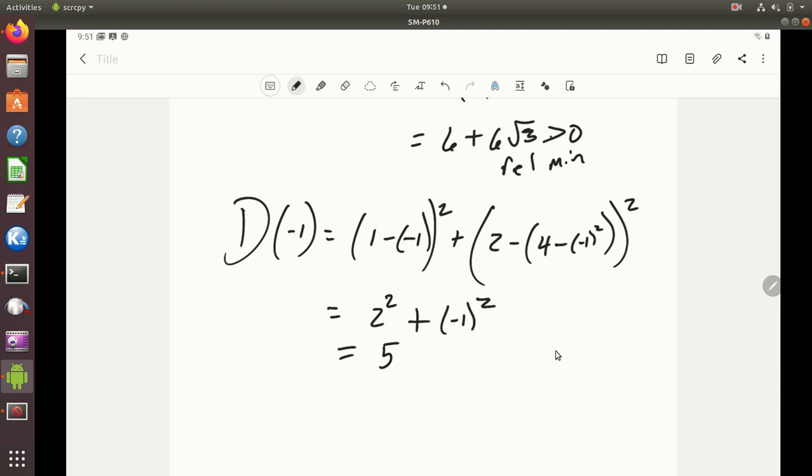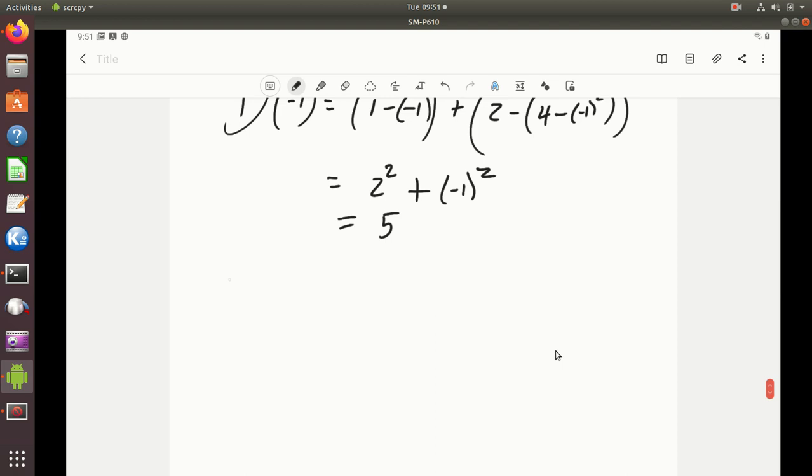So that's looking like a big number, right? And then our d of 1/2 plus 1/2 square root of 3.